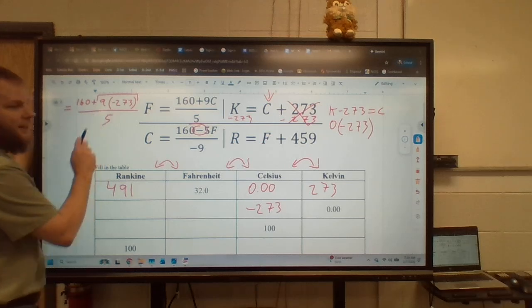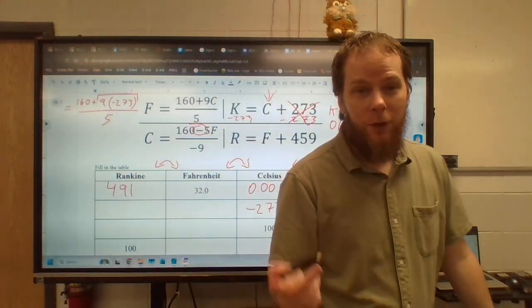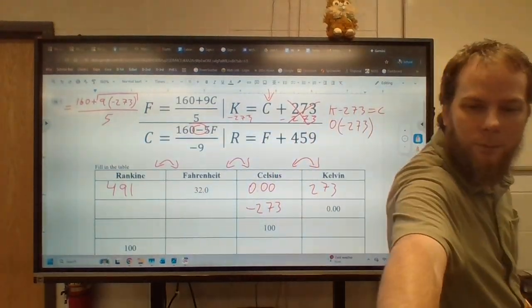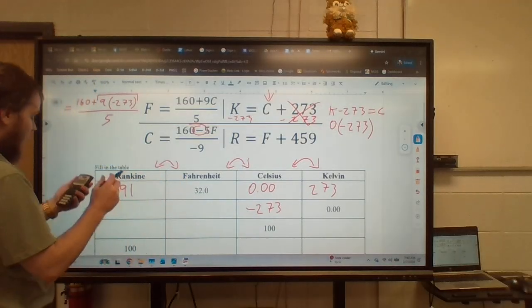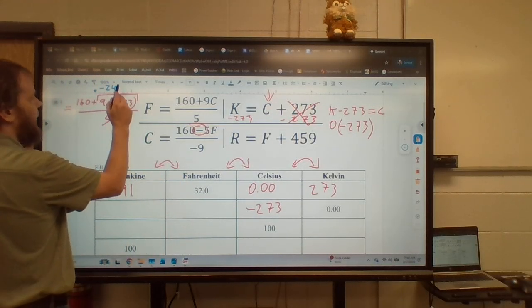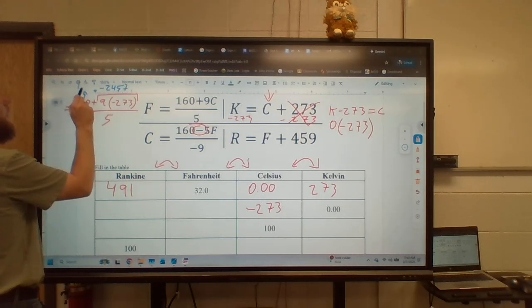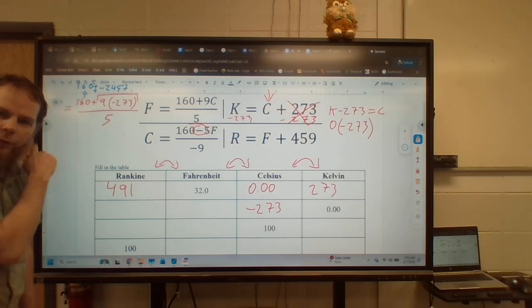So if we take 9 times negative 273, what do we get? Well, let me grab my calculator, figure that out, and I will tell you. All right, so we plug that into the calculator, and we get that that is negative 2,457. Okay, then we bring our 160 up. 160 plus negative 2457.